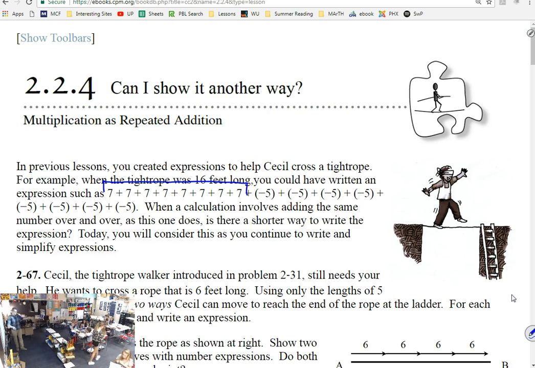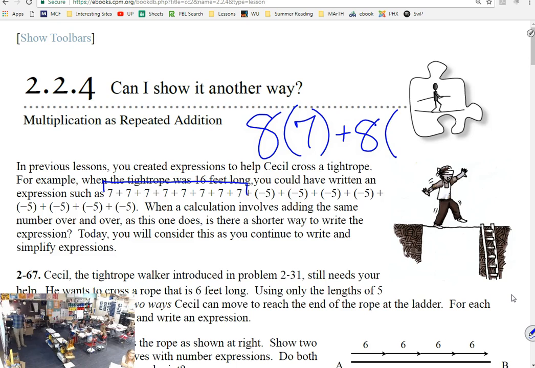I love it. I'm actually going to switch the order around. We could say 8 moves of length 7, and then 8 moves of 5.